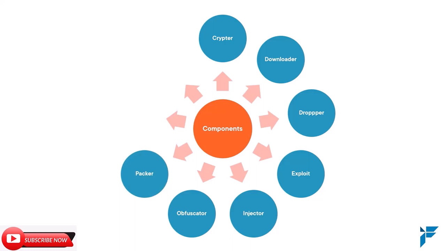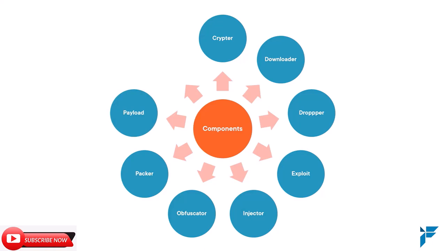And there's also the packer. This software compresses the malware file and converts its code to an unreadable format so that your antivirus software can't detect it. You can see we have a lot going on as far as keeping antivirus products from finding us, right?